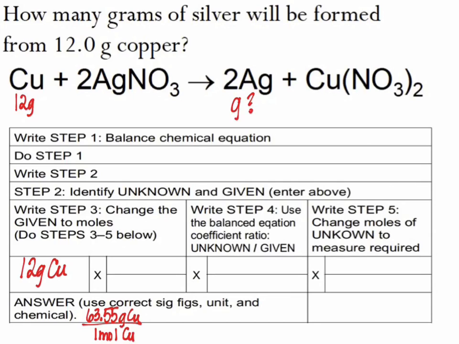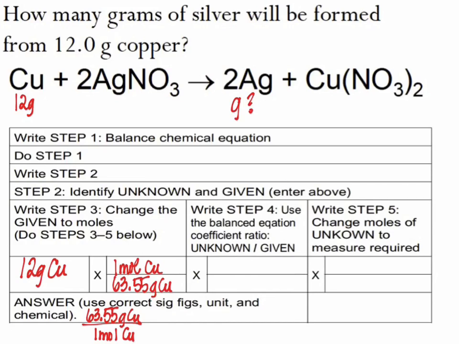So then you have to decide which way you're going to set the ratio up. Who goes on top, who goes on bottom? Grams goes on bottom, and the number always carries with grams. And that is in 1 mole of copper.